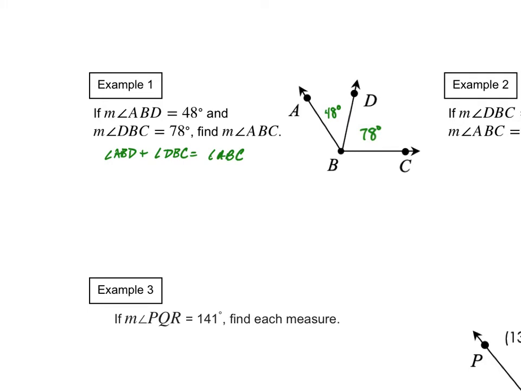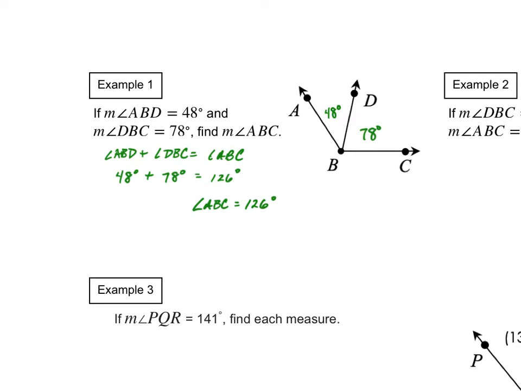Now, I know right now everybody just added those two things together and said, hey, it's going to be 126 degrees. But what I'm doing is I'm trying to build in the repetition of doing the equation and substituting, because it's going to get more challenging and we don't want to just forget why and how we're doing something. So again, do my substitution, 48 degrees plus the substitution of 78 degrees is going to be equal to 126 degrees. So angle ABC is equal to 126 degrees.